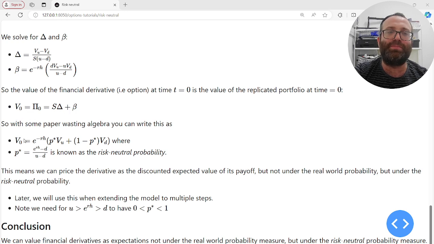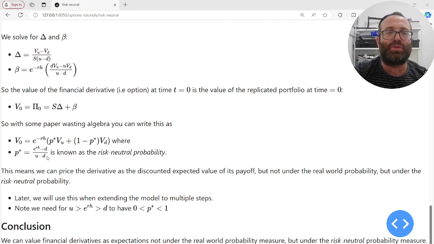You can do some messy algebra and waste paper, or maybe I'll show you a Python package that will do the algebra for you. You can write this option price as e to the negative rh times p star VU plus 1 minus p star VD, where p star equals e to the rh minus d over u minus d.